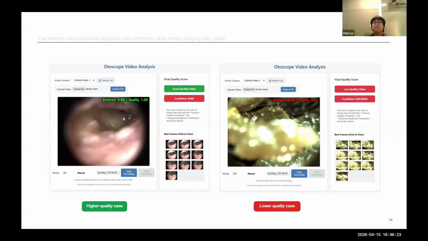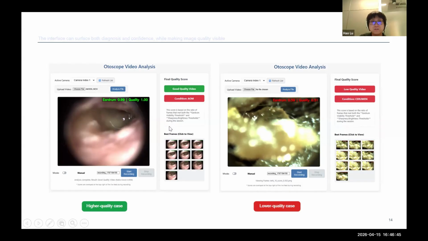Oh, yes, that's a great idea. Actually, this is the first version. Currently, what we are trying to add is the probability of every condition. Say for AOM, we may have 90%, and 5% it can be normal. And this is what we are trying to add.